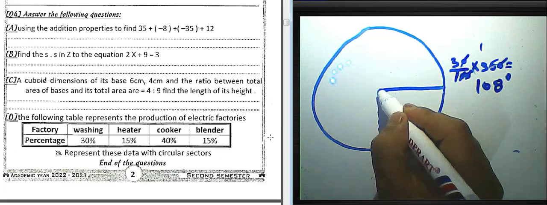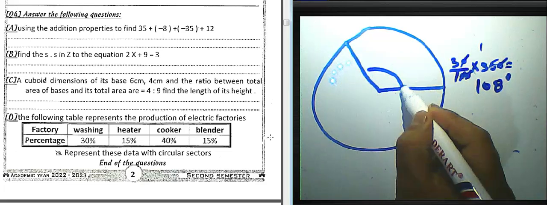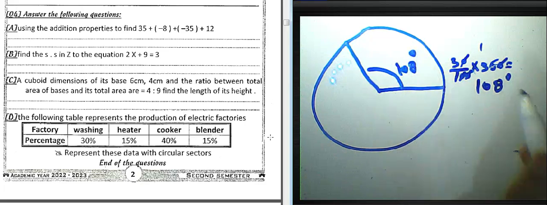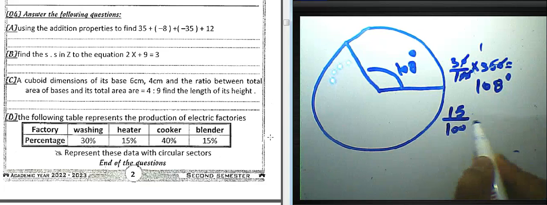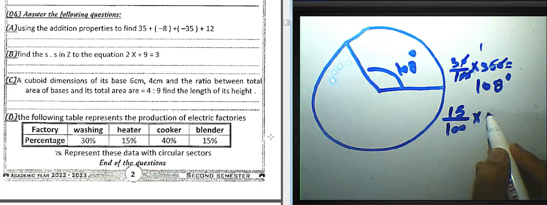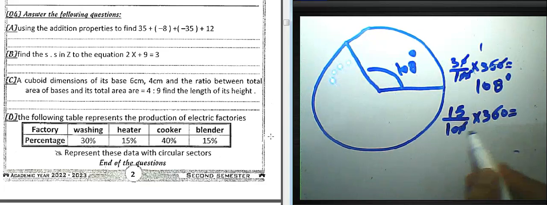You can use the protractor to draw 180 degrees for the first. And the second, heater 15%, 15 over 100 multiplied by 360. We can cancel 0 and 0, and 36 times 15 divided by 10. You can use a calculator to find the result in the simplest form.